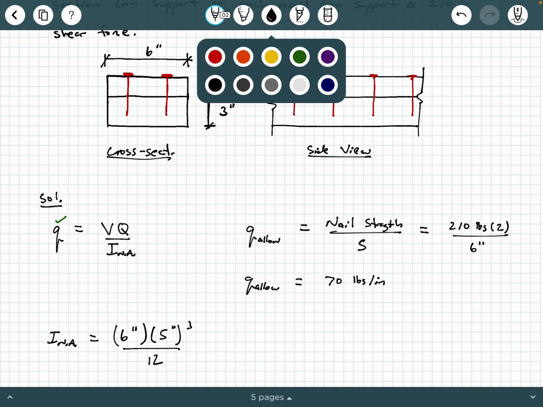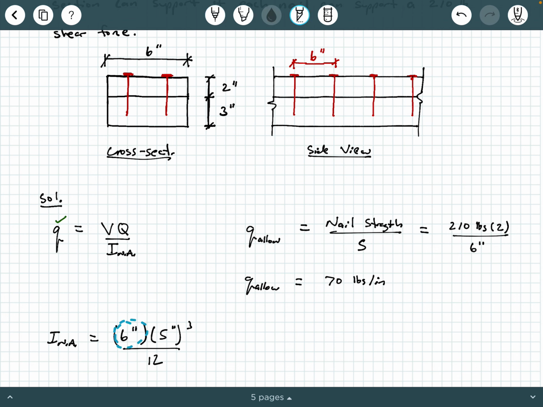Now, this 6 inches here is the horizontal 6-inch dimension of the wood boards themselves, right? So we're going to say 6 times 5 cubed over 12, and so that's going to be 62.5 inches to the fourth. So now we can go ahead and check off the moment of inertia, all right?